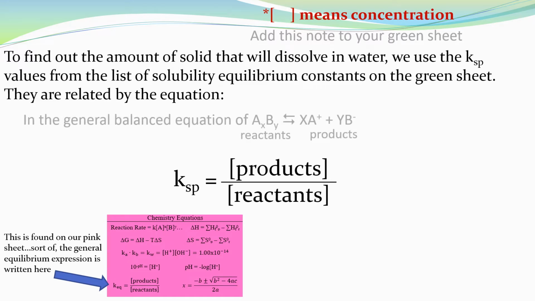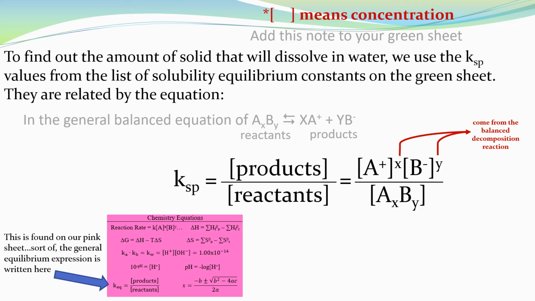Now, if we go back to that generalized formula, we said KSP equals concentration of products, which are the cations and the anions, over top of the concentration of the reactants. Now, two things to note about this. Both a cation and anion have been raised to the power of whatever numbers were used to balance out the cations and anions in the decomposition reaction.